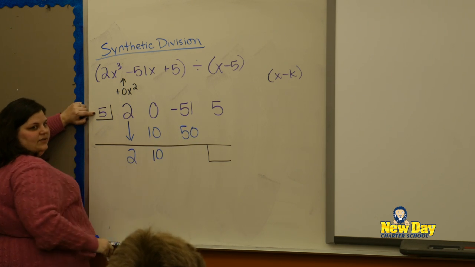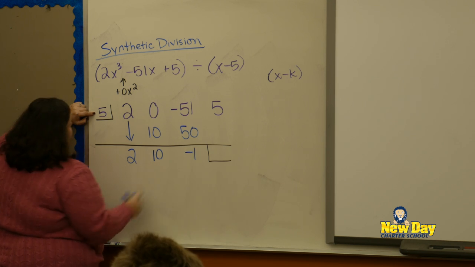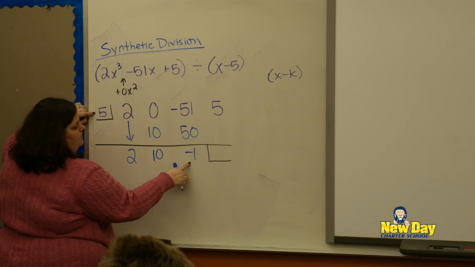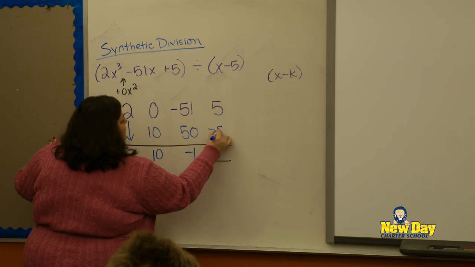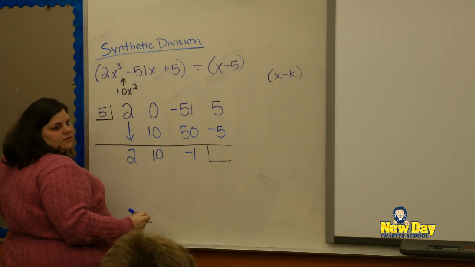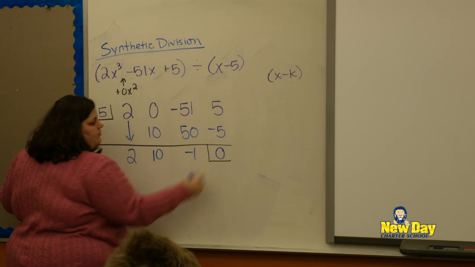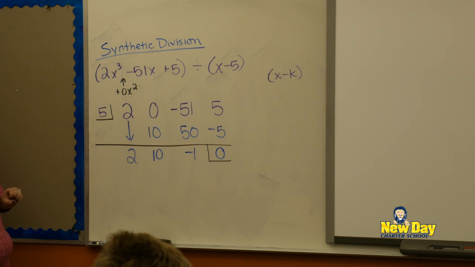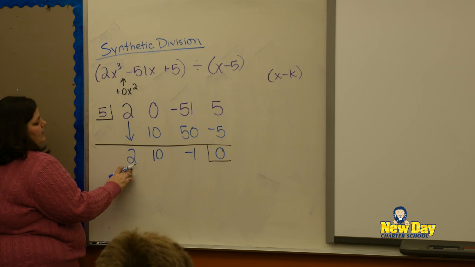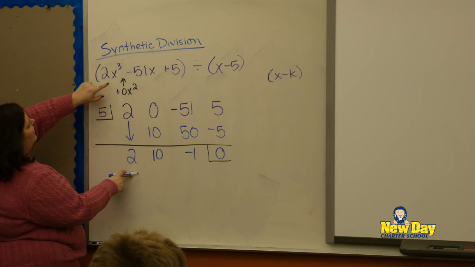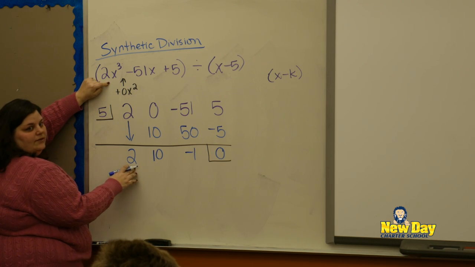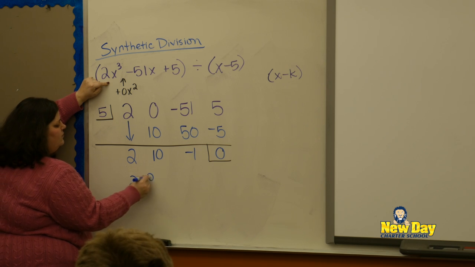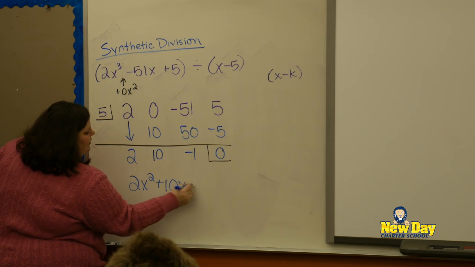Negative 51 plus 50 is negative 1. 5 times negative 1 is negative 5. 5 plus negative 5 is 0. So we have no remainder. We're going to talk about what that means next class. Okay? This is the quotient. We started one exponent less than what we had. So if we started with cubed, this is going to be 2x to the what? Squared. 2x squared plus 10x minus 1.